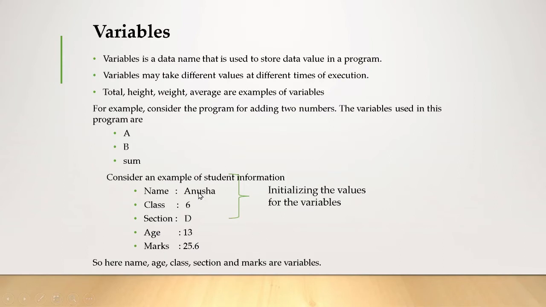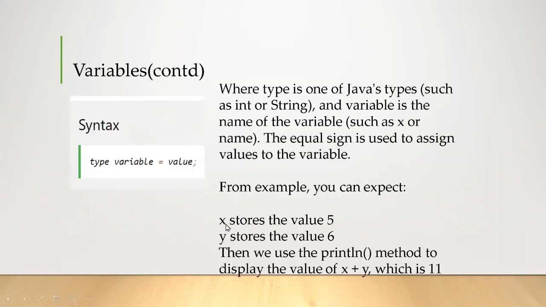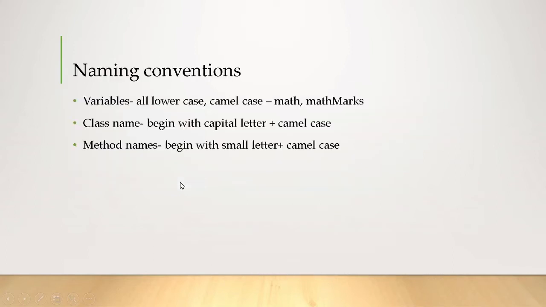We are initializing, meaning we are giving some value to it. How do you declare variables? Give the data type, variable name, and put its value. This is how you can give variable names. Is this clear?